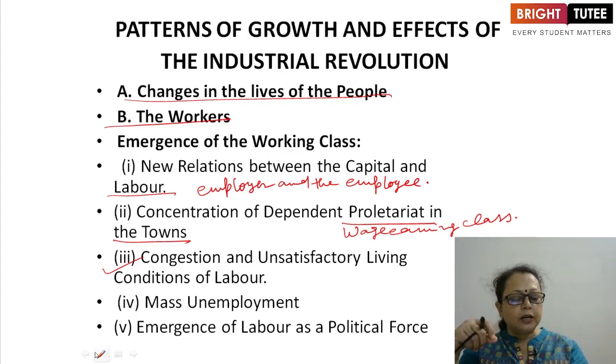William Blake also called the new factories the dark satanic mills, and the workers had to work from 12 to 16 hours a day without a break. The workers lived in dark, dingy quarters and in congestion. The employer had no concern for the welfare of the wage earners and offered small wages in return for long hours in unhealthy factories. Ten to twelve hours was the working day, in very miserable conditions.